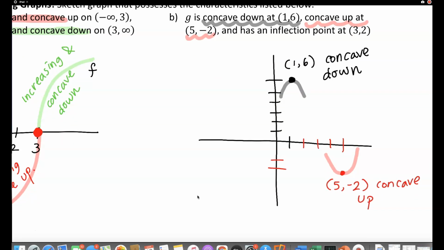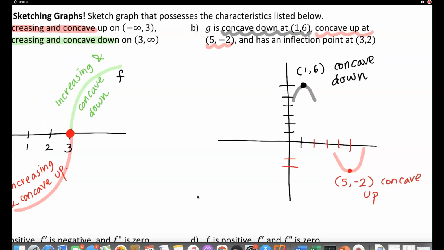See, this is so tricky because it almost looked like interval notation because I use these parentheses. But when they say it, we're talking about points. Okay, so now lastly, they have a point of inflection at (3, 2).